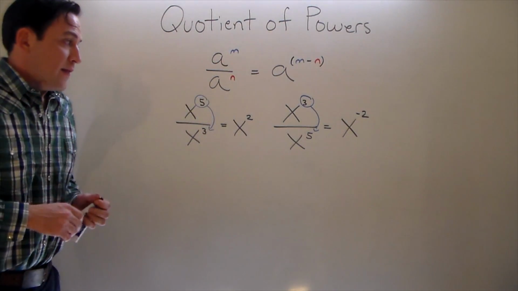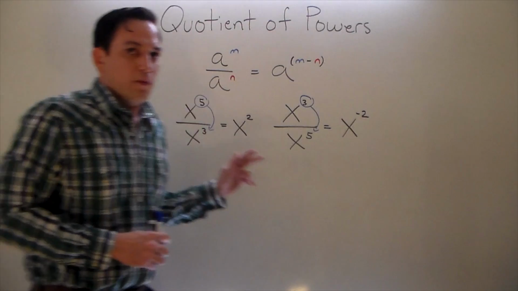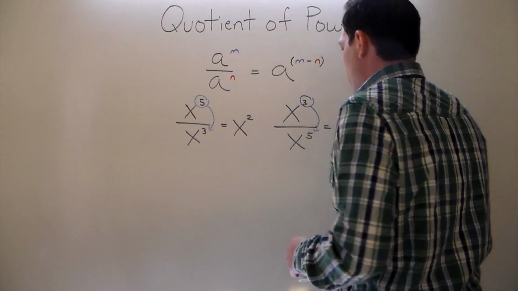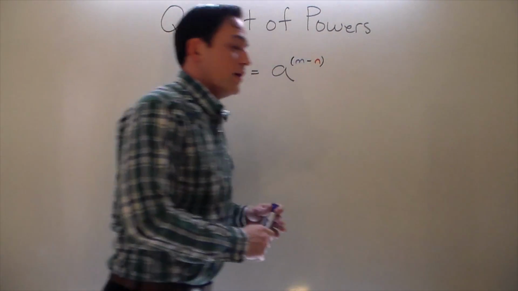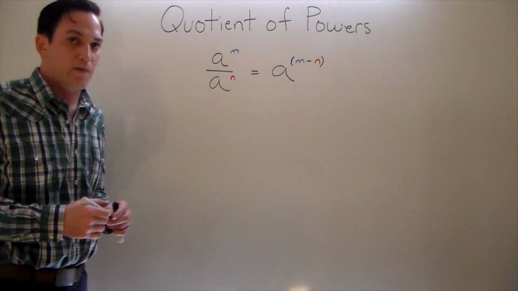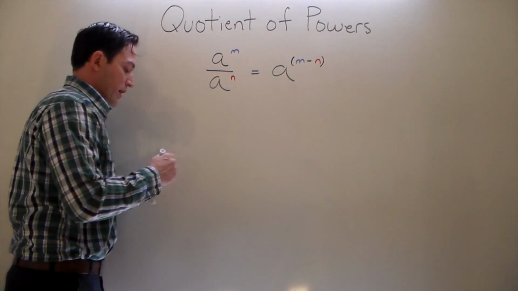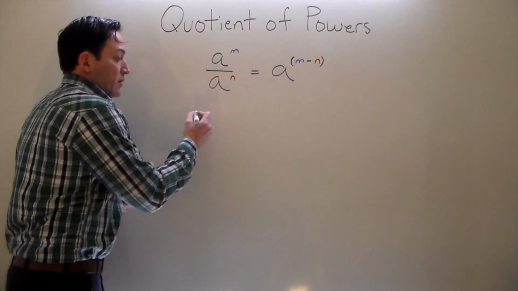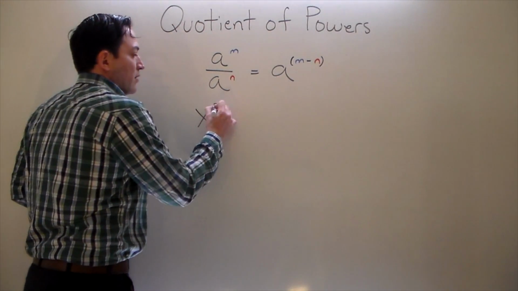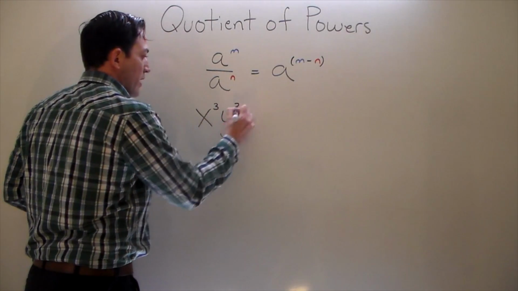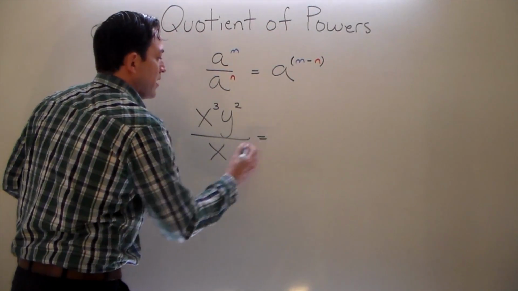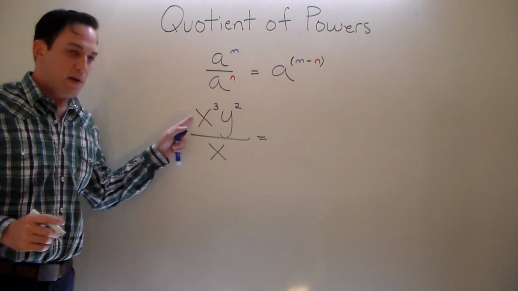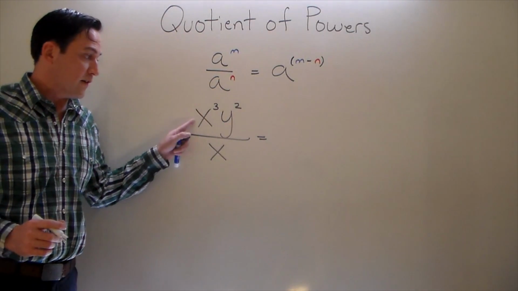Alright, so they have to be the same bases. If they weren't the same bases, you could not divide them. They would just have to be written next to each other, which would imply that they were being multiplied. So let's do a quick example like that. If I had x raised to the third times y squared divided by x, these common bases are the only ones that can get divided by each other.